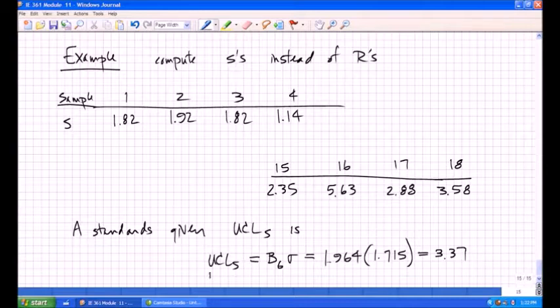If you try to compute not an upper control limit but a lower control limit for S, what you find is that there is no value big B5 table for a sample size of 5.